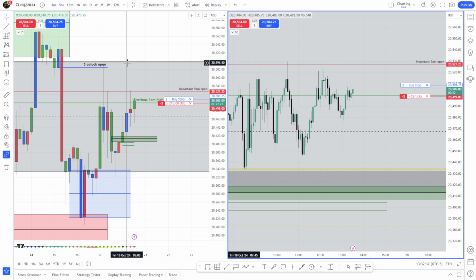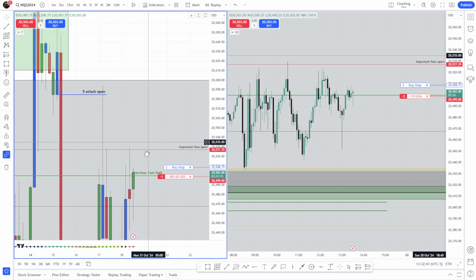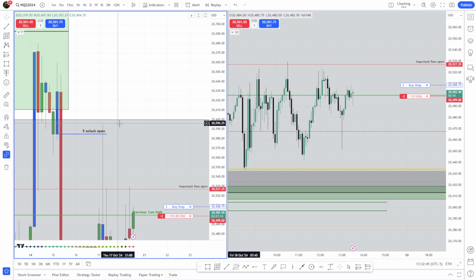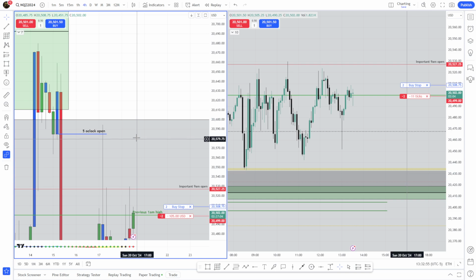That would put us just above what appears to be this high and would close in this BISI with a candle body.